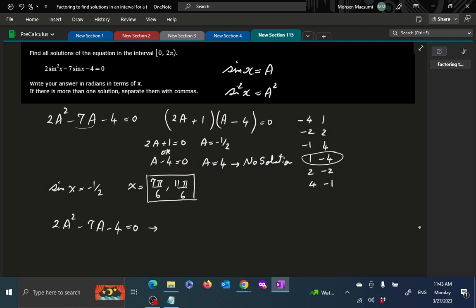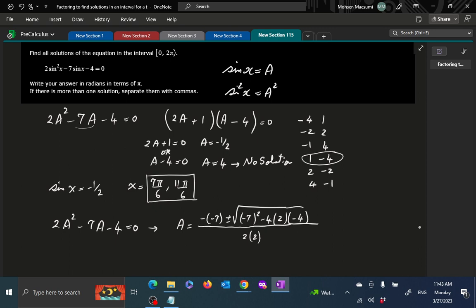So what do you do? It says a is minus the middle term, so minus minus 7, plus or minus the square root of the middle term squared, minus 7 squared, minus 4 times first and last numbers, divided by twice the first number.